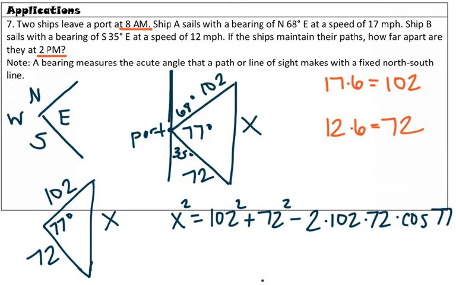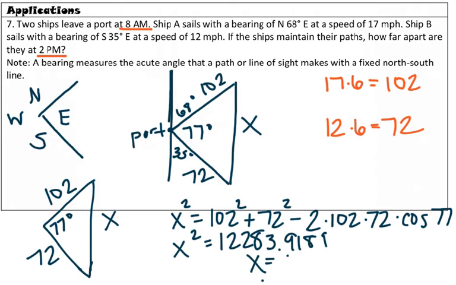The nice thing about this problem is all you have to do is type all of that in your calculator. When you do that, you should get approximately this. And then make sure that you are taking the square root of both sides, just like when you do the Pythagorean theorem. So my answer is 110.8 miles. All right.